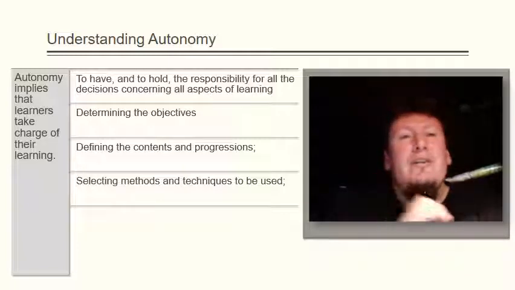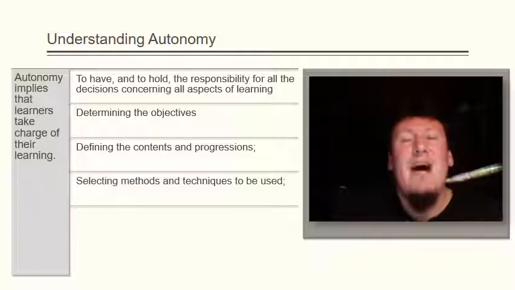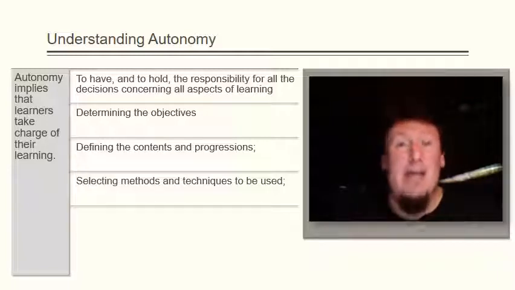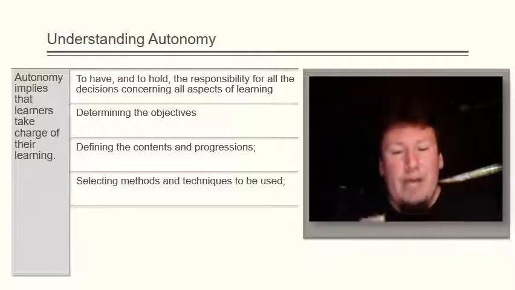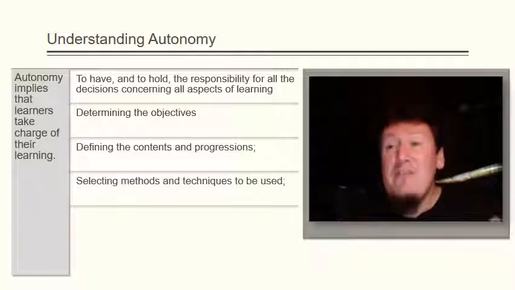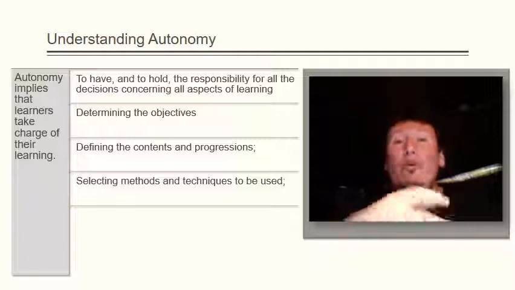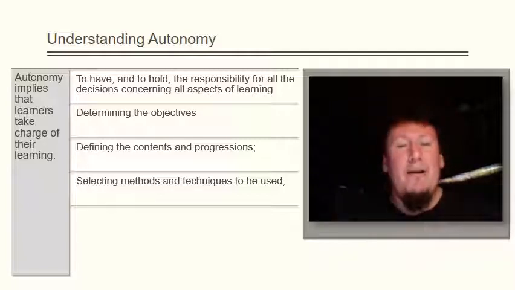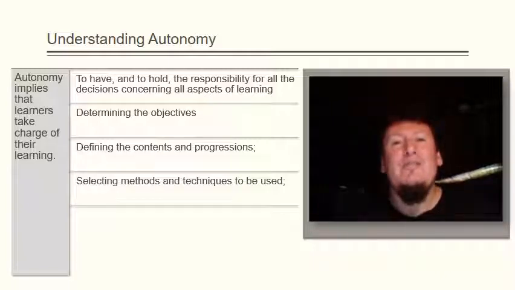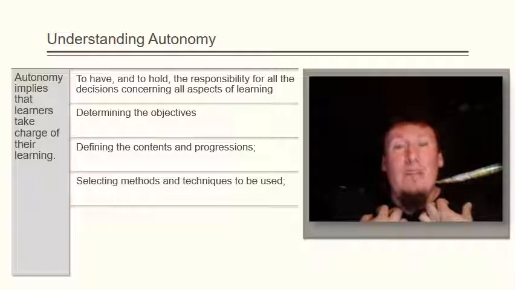So autonomy, in the sense of autonomy, is establishing: okay, this is how I'm going to progress, the method, the path that I'm going to take, and this is how I'm going to take that path. These are the steps, the techniques and the strategies that I will be using to better integrate that knowledge into my own knowledge.